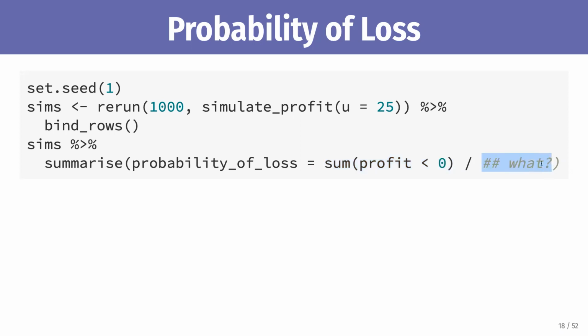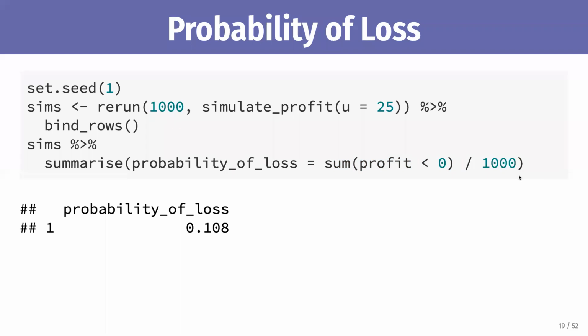Yes, exactly. It would be 1,000. And if I had changed this to 2,000, then this would change to 2,000, etc. So this is just the total number of simulations that you did.